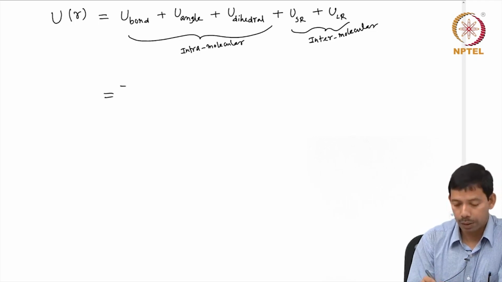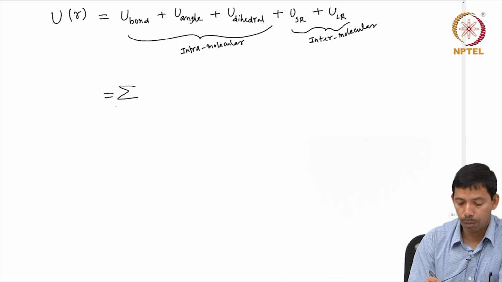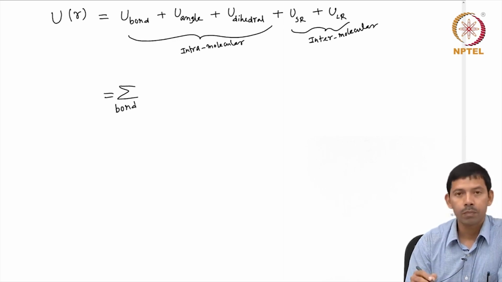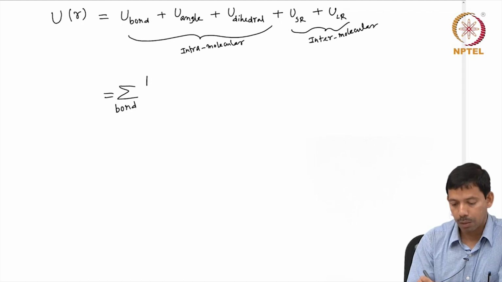We can write it as something like this. I sum over all bonds in the system, all bonds. This can be written as Ki by 2, by Hooke's law.